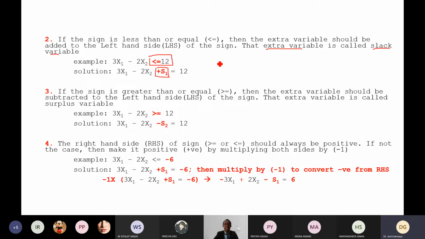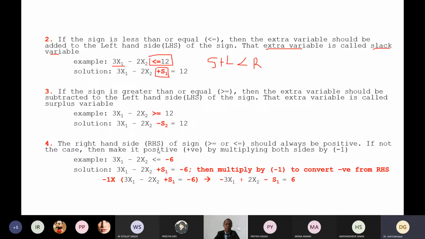Where is the left side of the sign? This is left, this is the sign, this is the right side. So the extra variable, plus s, will be added to this side to convert the constraint into an equation. The first one is an inequality, and the solution is what we use to start solving the problem.